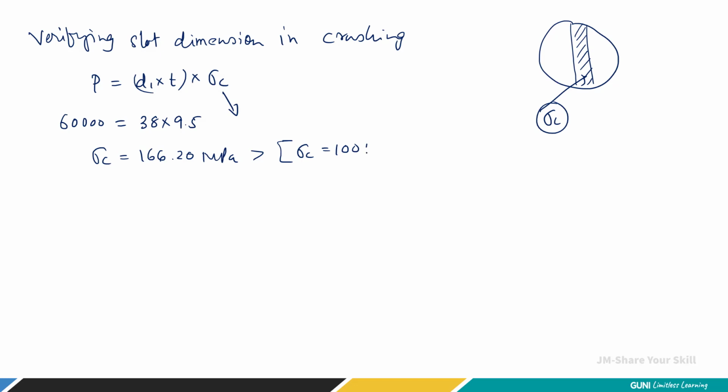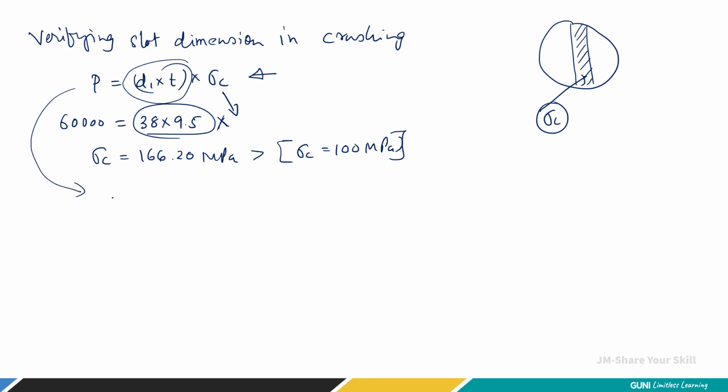Hence this section fails in compression, so we cannot continue with these dimensions. We have to either increase these dimensions, or use this compression equation to find the dimensions of D1 and t. So let's go for that one.